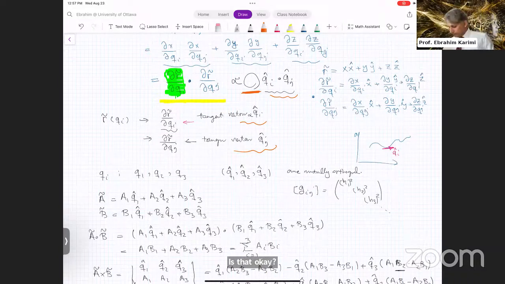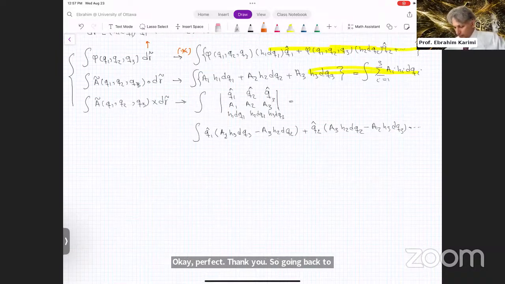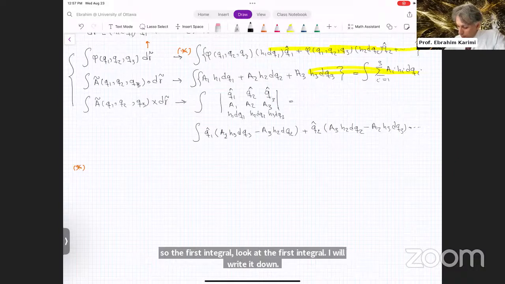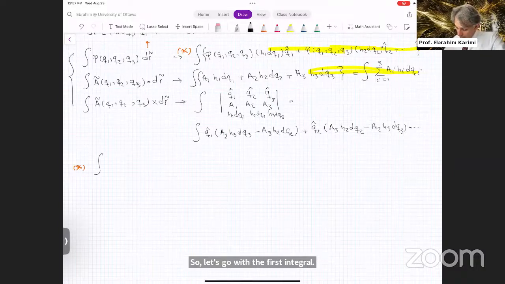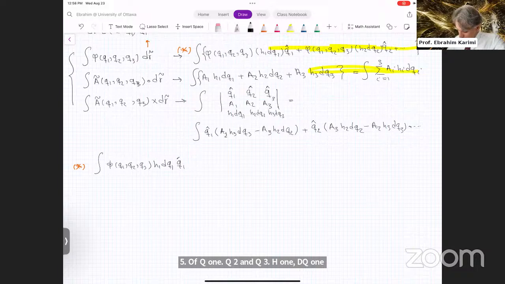Okay, perfect. Thank you. So going back to this question, look at the first integral. I will write it down. The first integral is the integral of phi of Q1, Q2, and Q3, H1, dQ1, and Q1 hat.